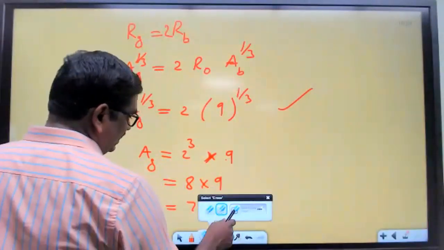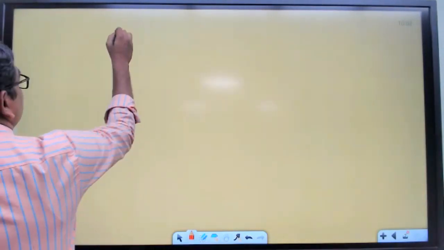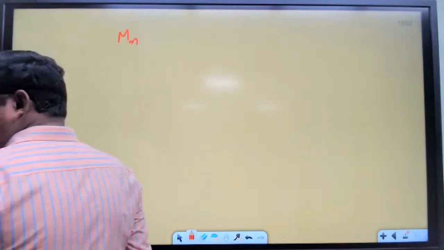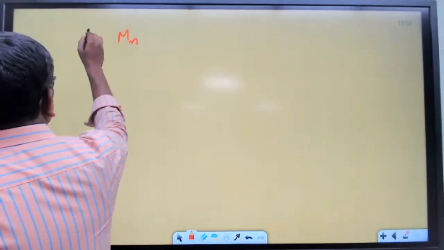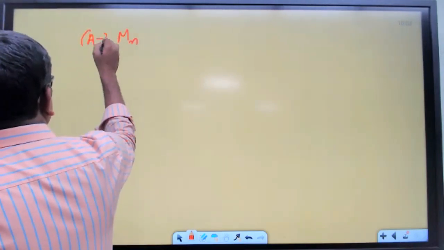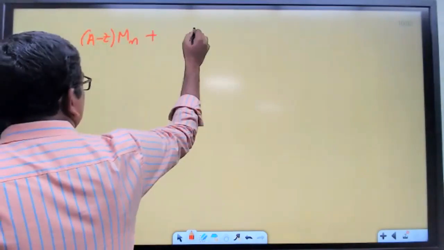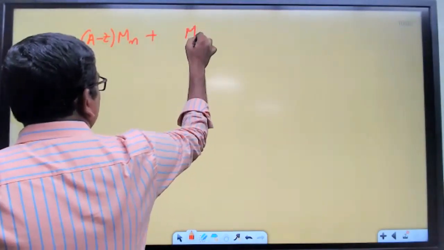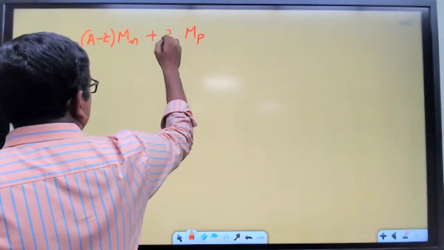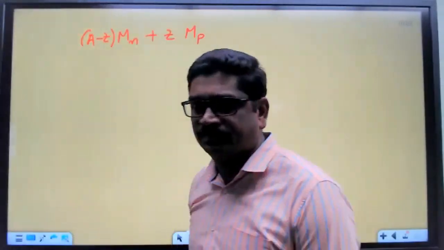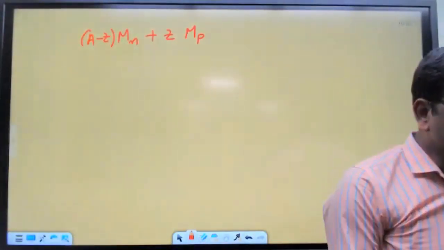Total mass of the nuclei can be written as. So here, Mn is the mass of neutrons into the number of neutrons, A minus Z, plus mass of proton into the number of protons, Z. So this is the total mass of the nuclei.